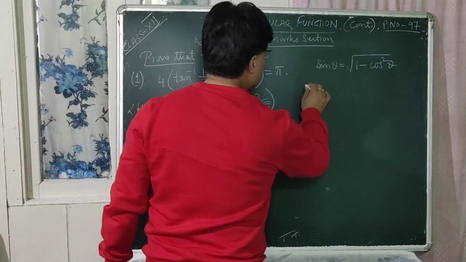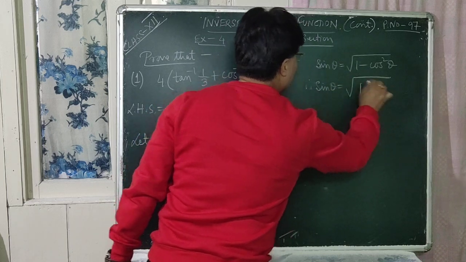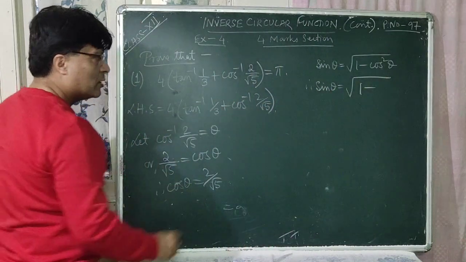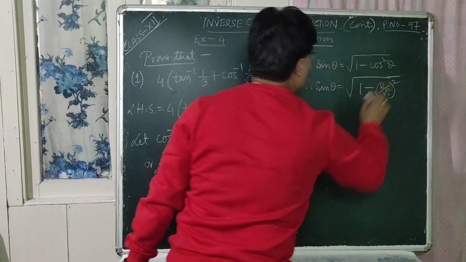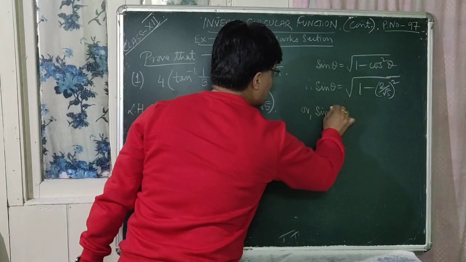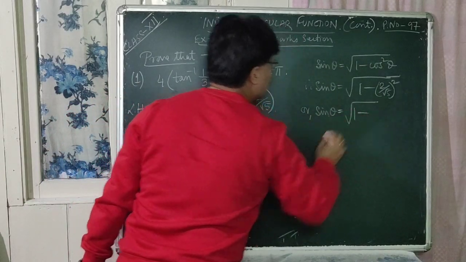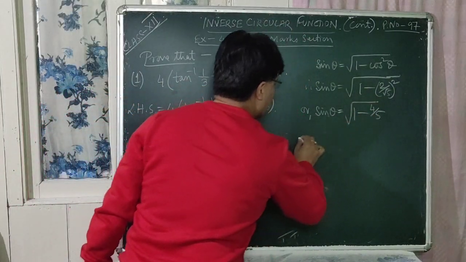Put the value for cos square theta. Sin theta is equal to root under 1 minus, what is cos theta here? It is 2 by root 5, so 2 by root 5 whole square, which is 4 by 5.